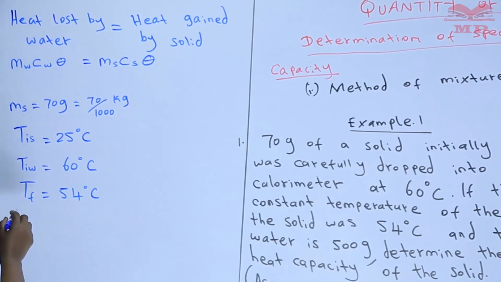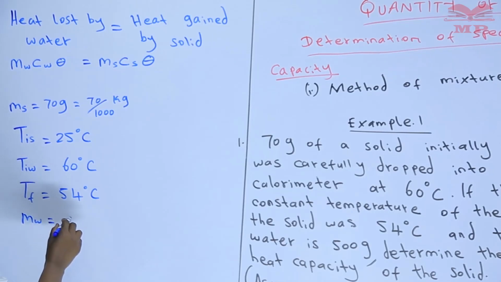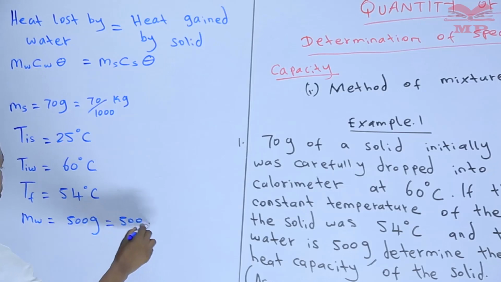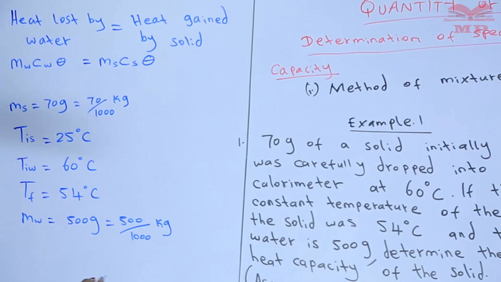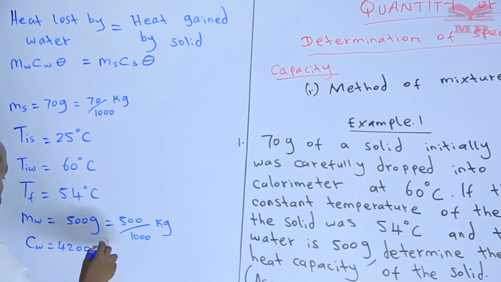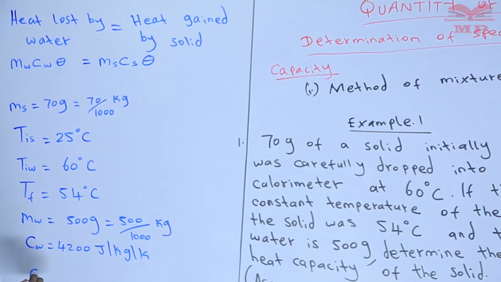And the mass of water we are given as 500 grams, which is 500 all over 1,000 kilograms. And we have also been given the specific heat capacity of water to be 4,200 joules per kilogram per Kelvin. So we want to calculate the specific heat capacity of the solid.